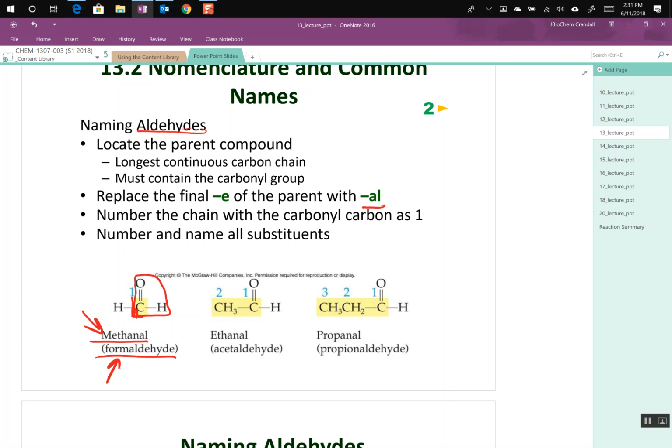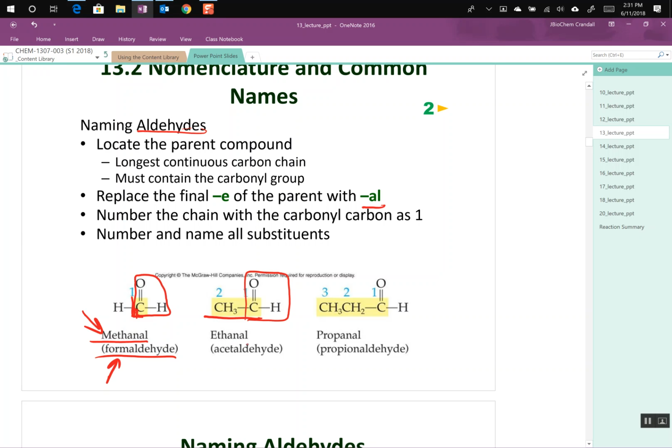Formaldehyde for methanal. Here's ethanal, a 2 carbon aldehyde. And with these aldehydes, it's always on the end. Carbon, double bonded oxygen, the carbonyl is always at the end of the chain. So you don't have to say where it is, because you call it an al, you know where it is. It's always at carbon 1.